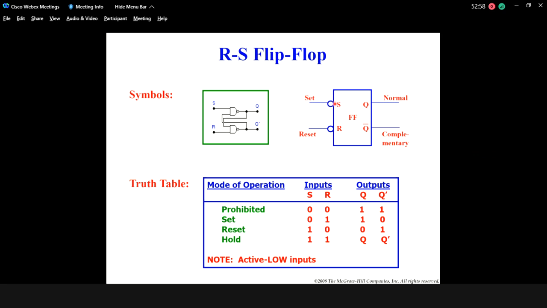This is the active low symbol, meaning that if we give 0, it becomes 1 inside, so Q will become 1. Active low is just like a NOT gate at the beginning of the flip-flop. We do not need to put the NOT gate, but the behavior of the flip-flop itself will be active low.